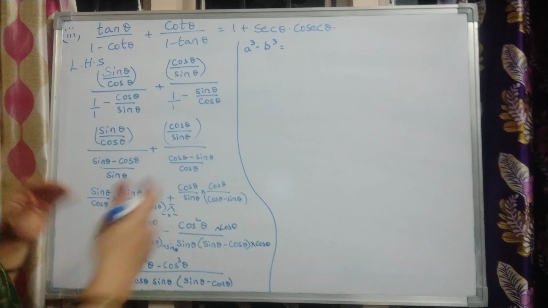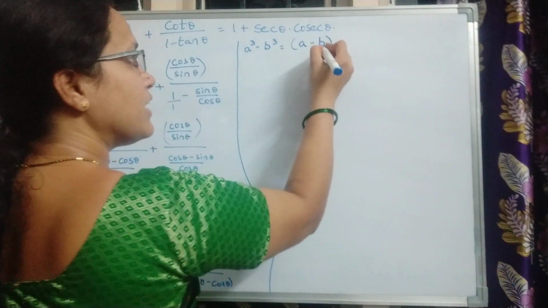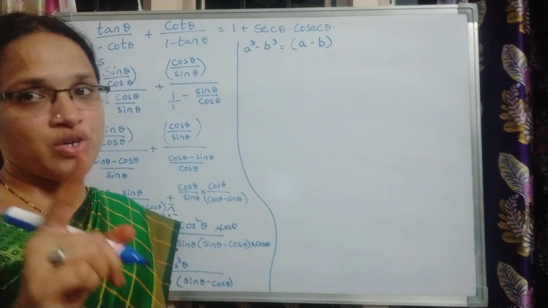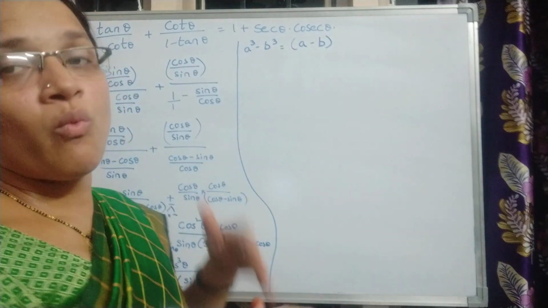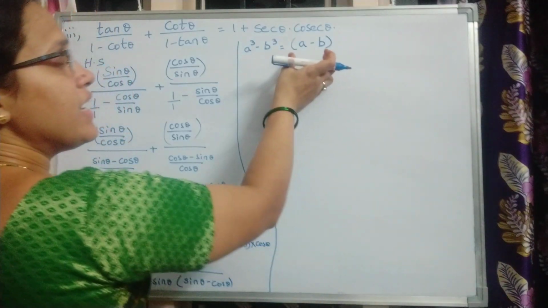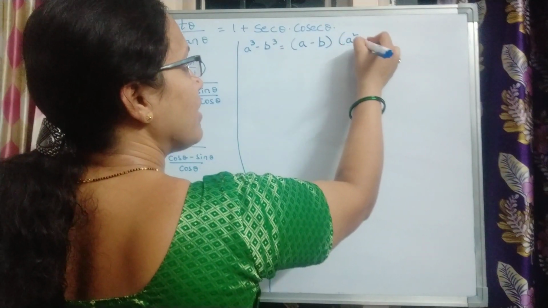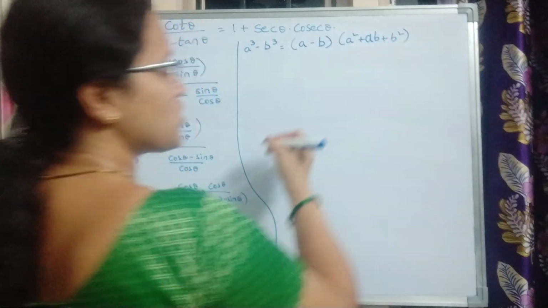So not only with the 8 identities which you have for standard 8, you have one more here, that is a cube minus b cube equals a minus b into a square plus ab plus b square.